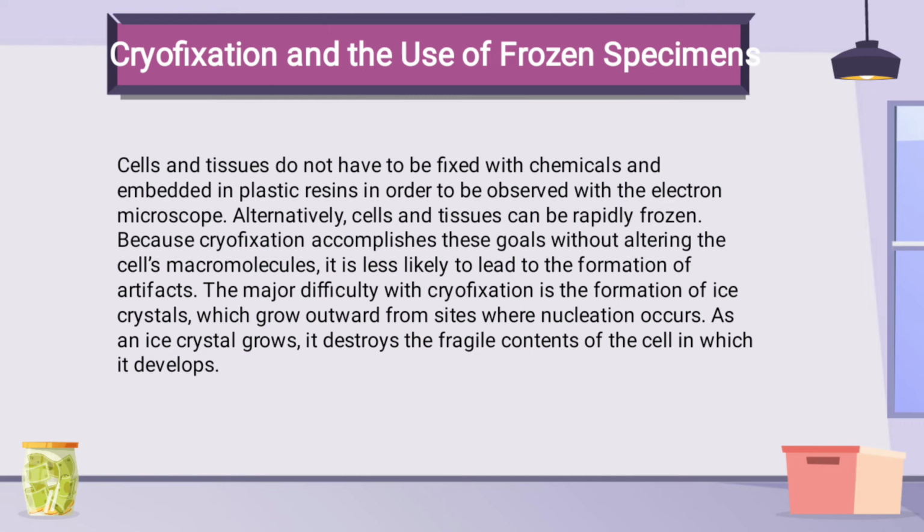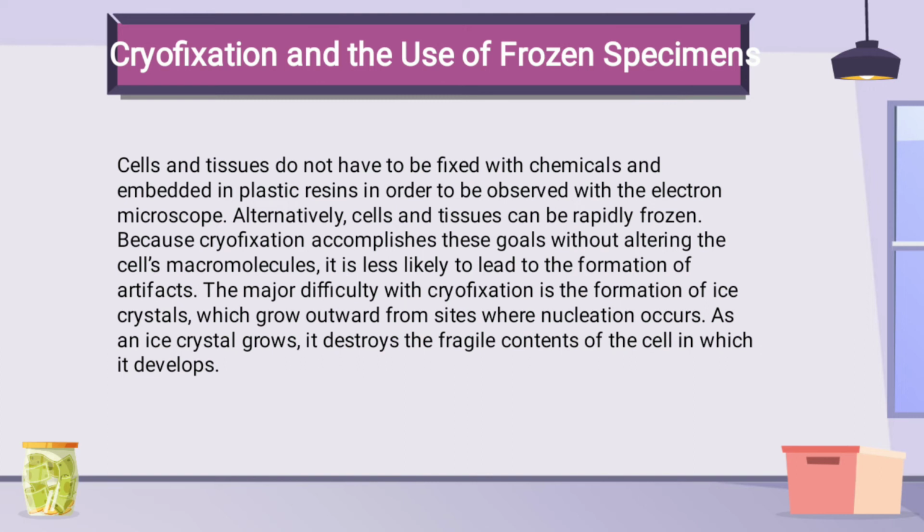Alternatively, cells and tissues can be rapidly frozen. Because cryofixation accomplishes these goals without altering the cell's macromolecules, it is less likely to lead to the formation of artifacts. When we say artifacts, these are the changes brought in the tissue as a result of human activity.